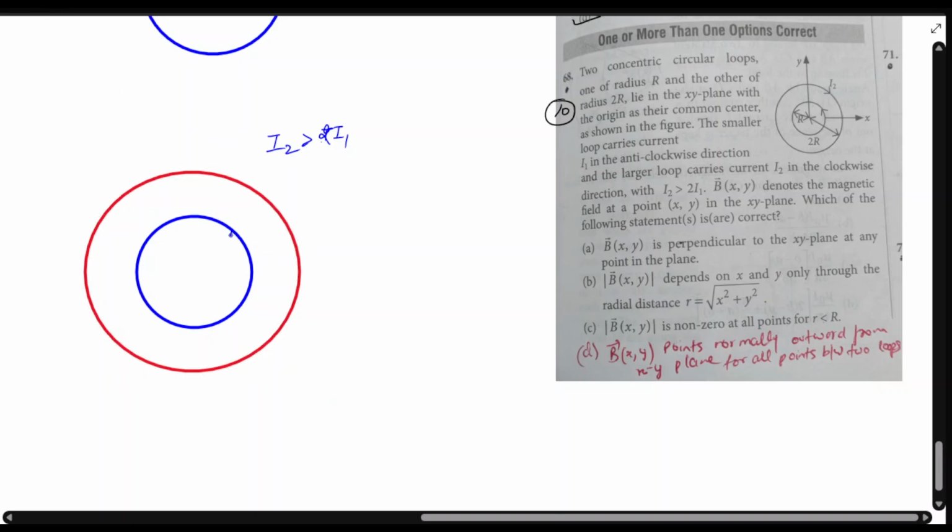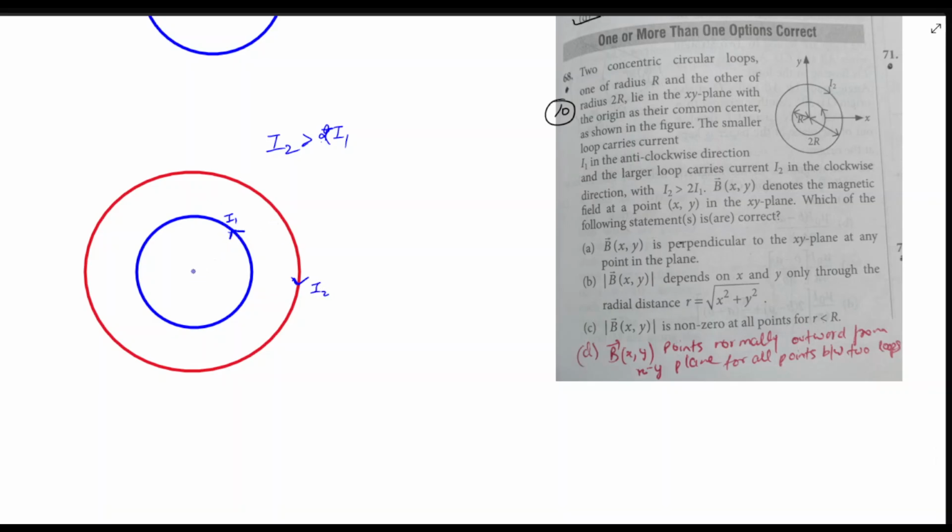Current in the first loop is in this direction, so I1, and current in this loop is in this direction. First let's check the magnetic field at the center. At the center, due to this, it will be in outward direction, right? And due to this, it will be in inward direction. And we'll check later which one is greater.